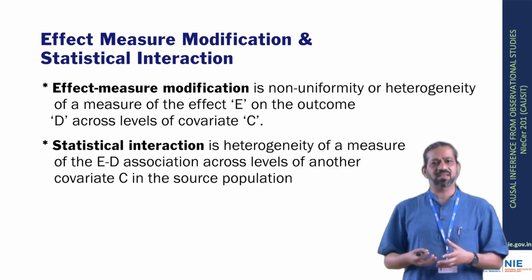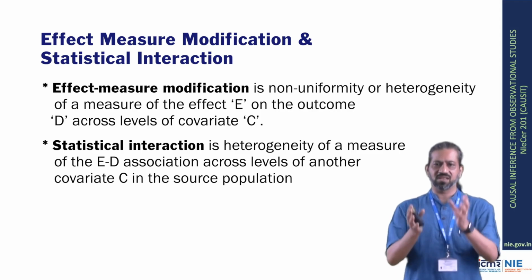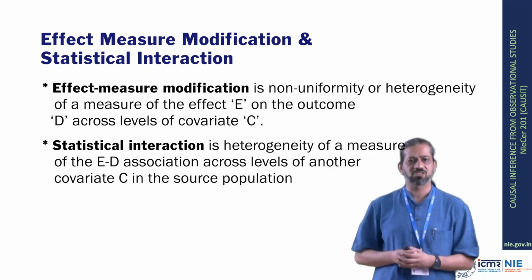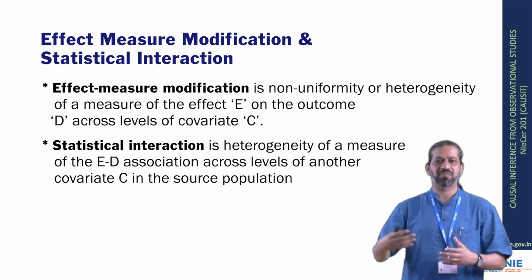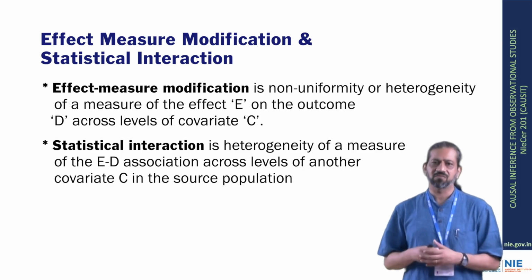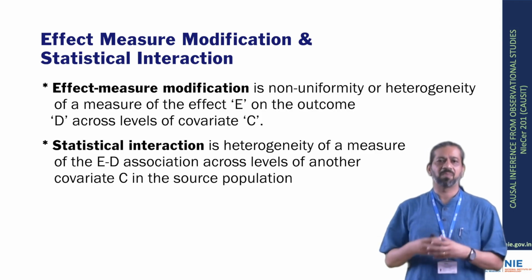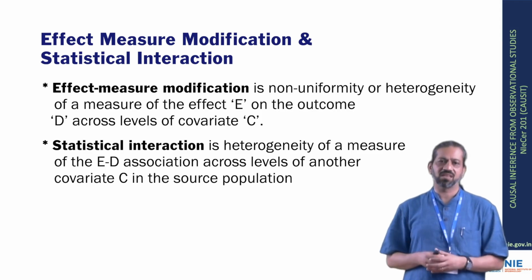Similarly, statistical interaction is the heterogeneity of the measure of this exposure outcome association across different levels of another third factor or covariate in the same source population. In fact, we can make inferences about effect measure modification by using the outcome of statistical interactions.